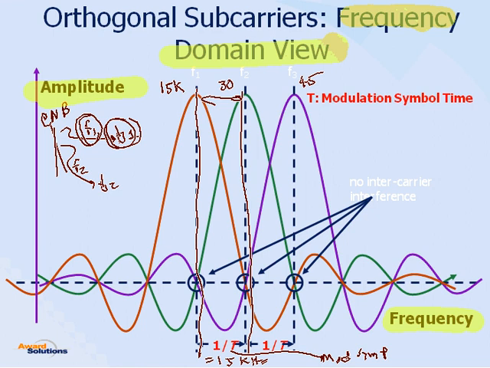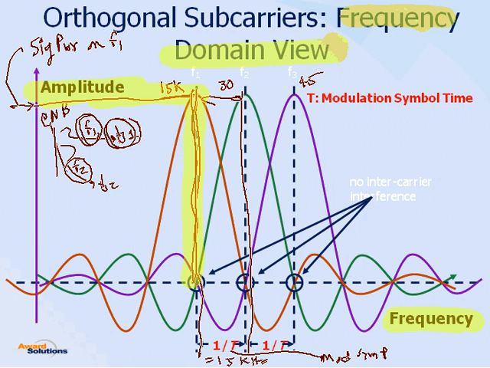When we look at our center frequency 15 kilohertz, we will see quite strong signal power. This is the signal power on F1. Okay, very good. Let's see how much interference we get from the other subcarrier F2. So we are looking at the center, at our F1, F2. The signal amplitude of F2 goes down, going down, going down.